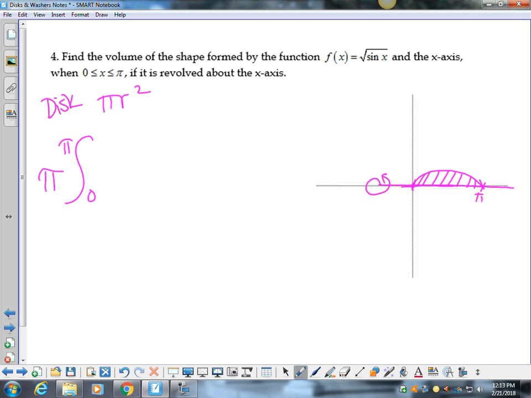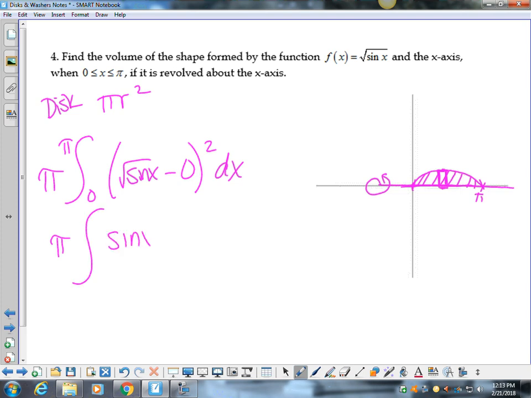So if this is my axis of rotation, my rectangle is going to be perpendicular. So the top is going to be the square root of sine x minus the bottom would be 0 squared dx. So pi, if I just clean up, it just gives me sine of x dx.